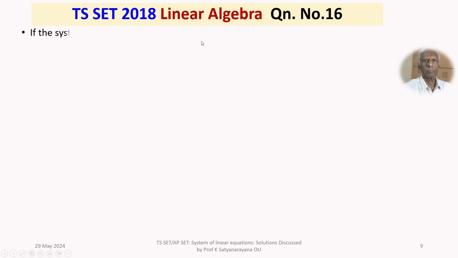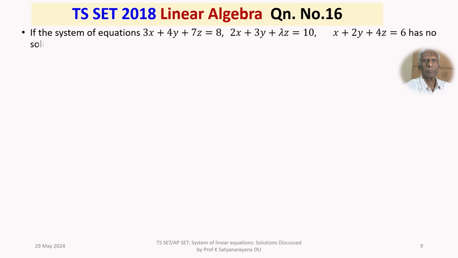The given question is: if the system of equations, 3 equations, 3 unknowns, non-homogeneous, and one of these equations contains a lambda, has no solution, then 4 lambda minus 8 is how much?